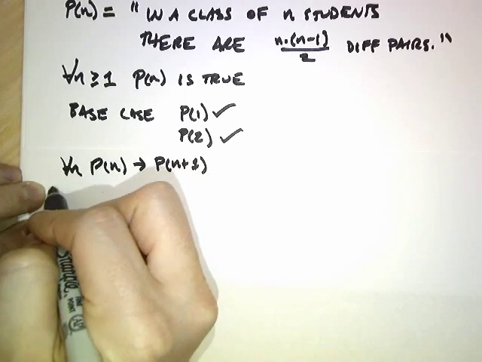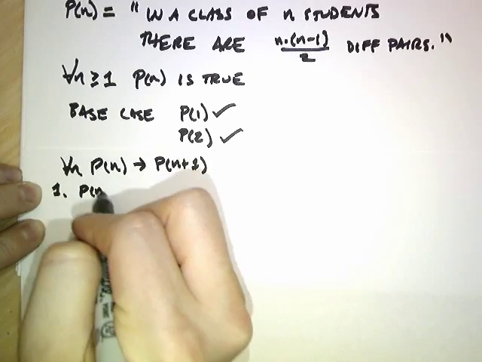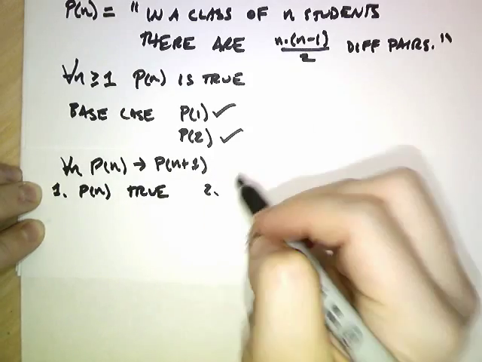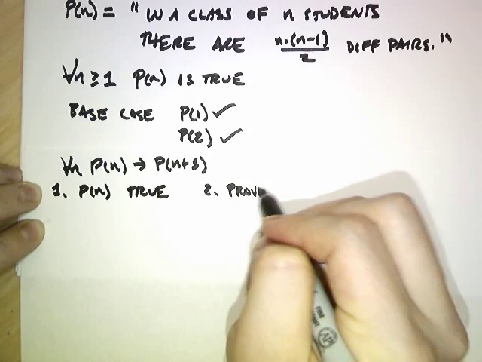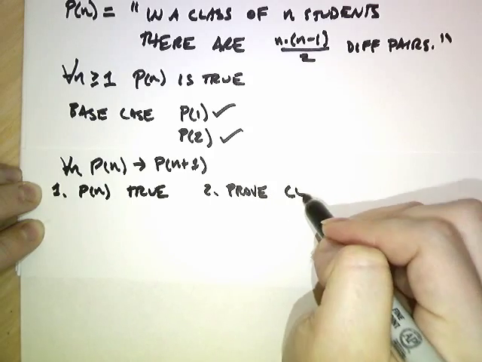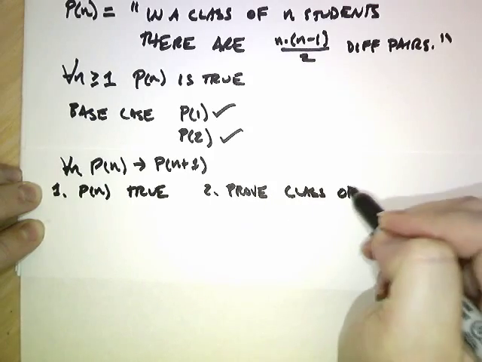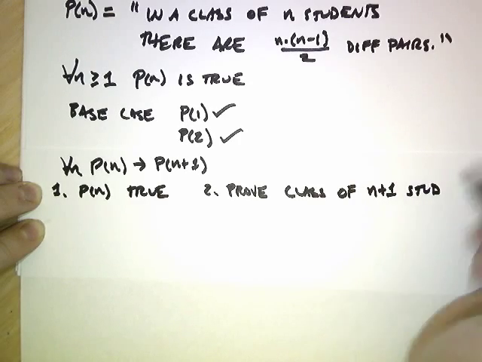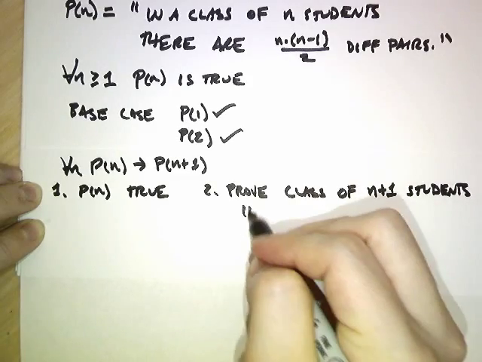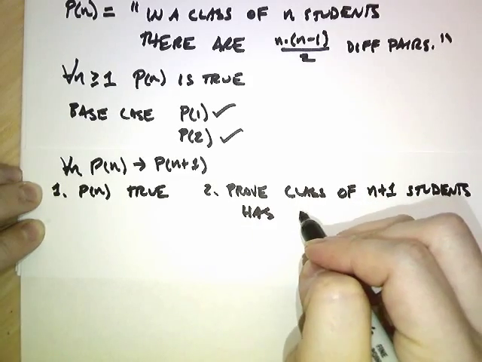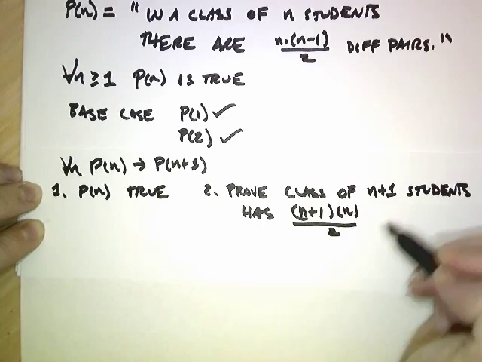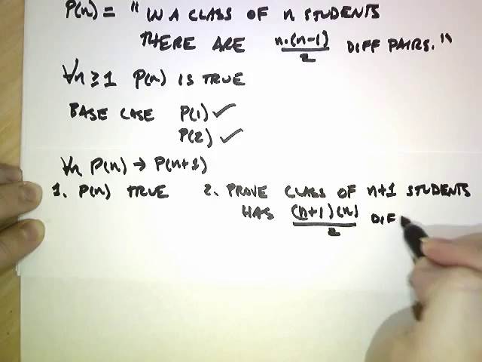Step 1, P of n is true. Step 2, we need to prove the class of n plus 1 students has n plus 1 times n over 2 different pairs.